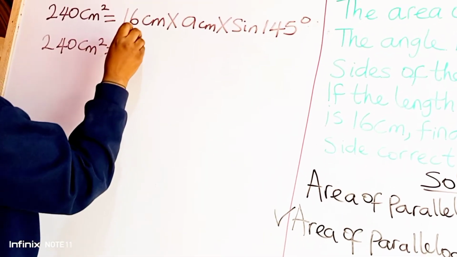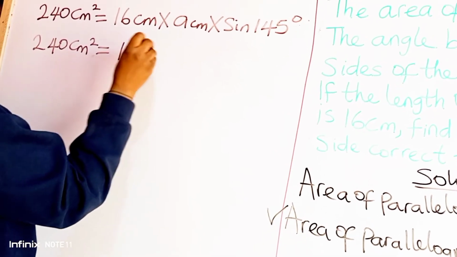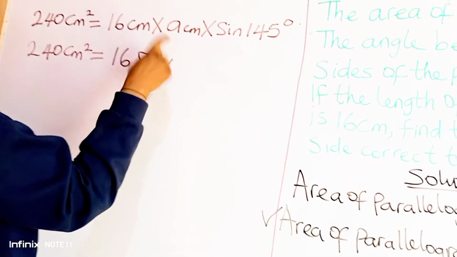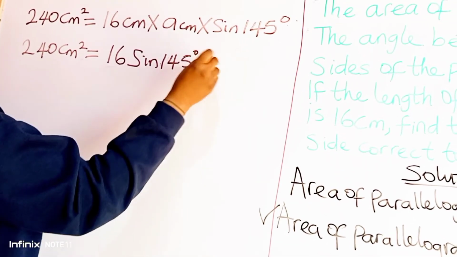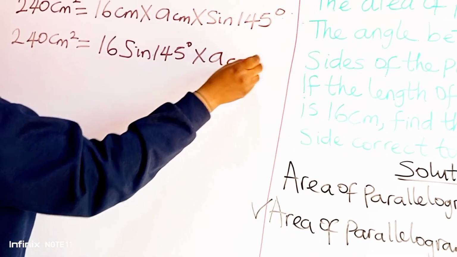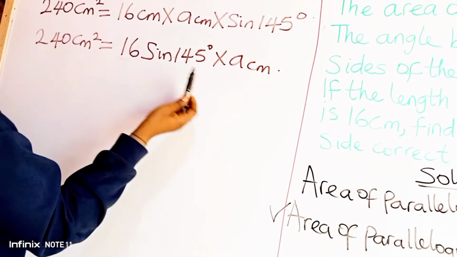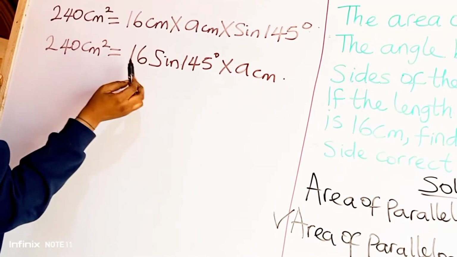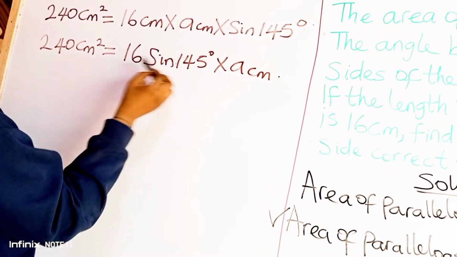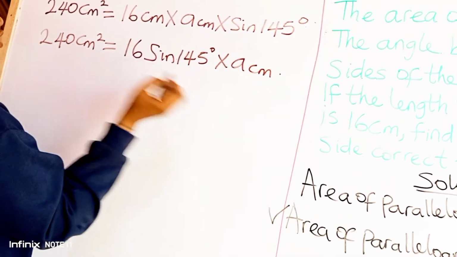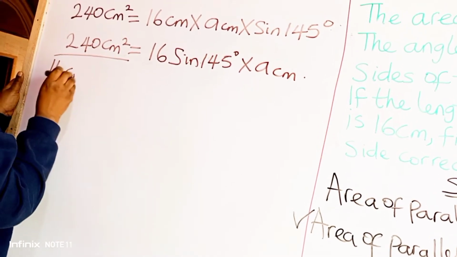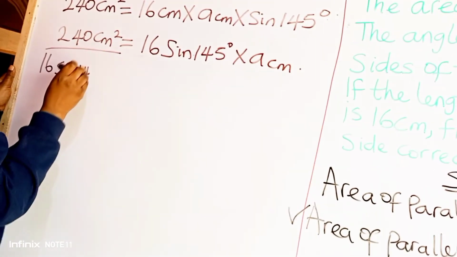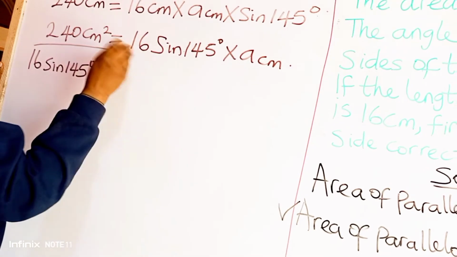So we have 16 sine 145 degrees, then multiply by A centimeters. We want to isolate A. That means we have to divide both sides by 16 sine 145 degrees. Everything here is also divided by 16 sine 145 degrees.